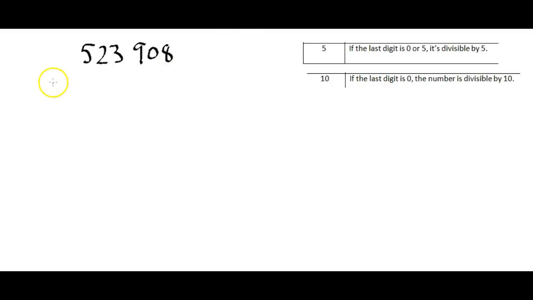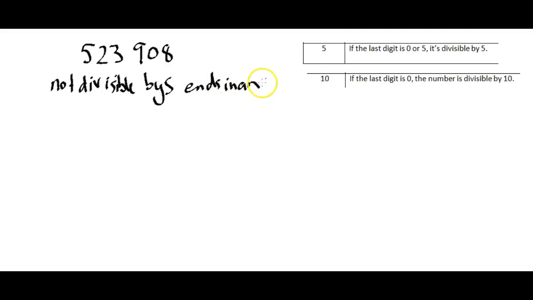So my number is not divisible by 5. It ends in an 8. It's also not divisible by 10, because to be divisible by 10 it has to end in a 0, and my number ends in an 8.